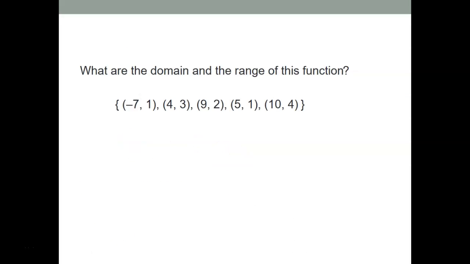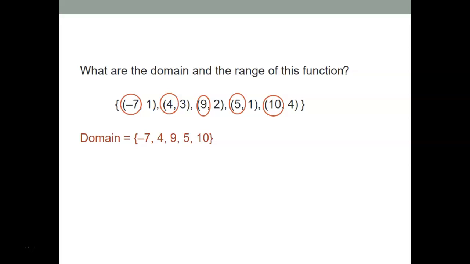What are the domain and the range of this function? The domain, remember, that's the set of all the first coordinates. So that would include -7 and 4 and 9 and 5 and 10. So that set of those 5 numbers is the domain.